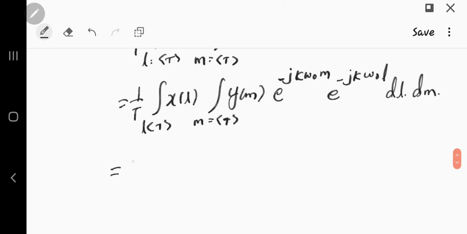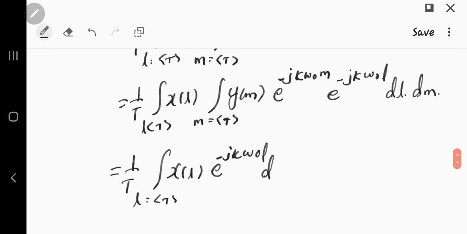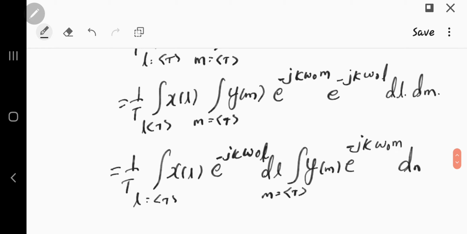Now, if we regroup this, 1 by T integral of L is equal to 0 to T, x of L e power minus j k omega naught L dL, into integral m is equal to 0 to T, y of m e power minus j k omega naught m dm.